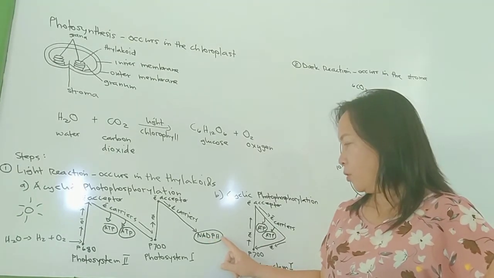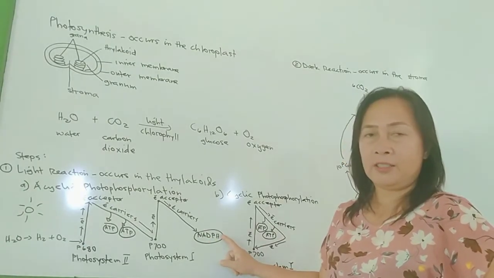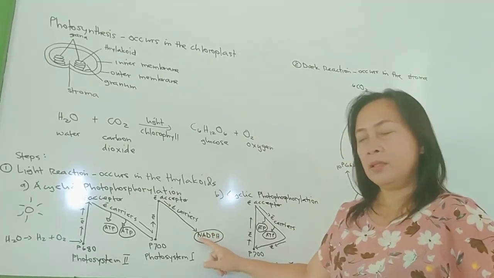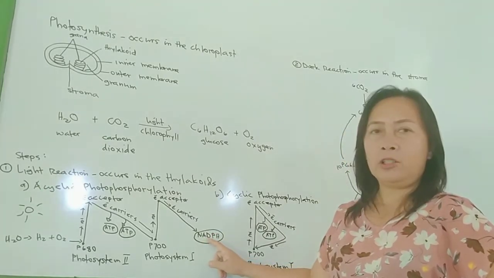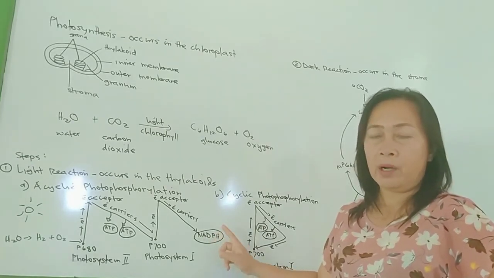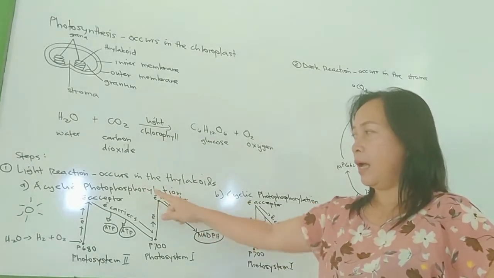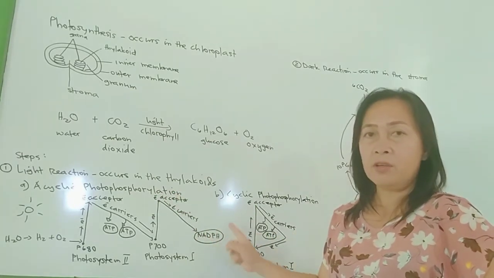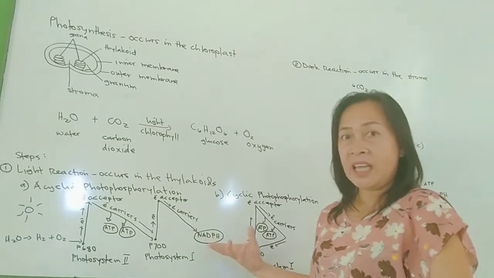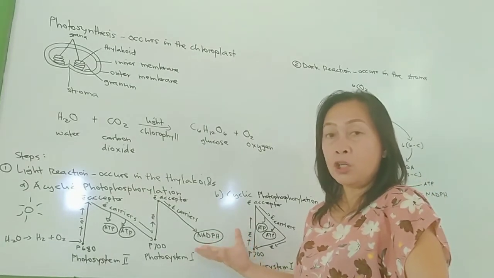So you have here the source of our electron, the energy, the H. What does NADP stand for? Nicotinamide adenine dinucleotide phosphate. This is the last acceptor of electrons in acyclic photophosphorylation. So here, the NADP is what? Reduced.